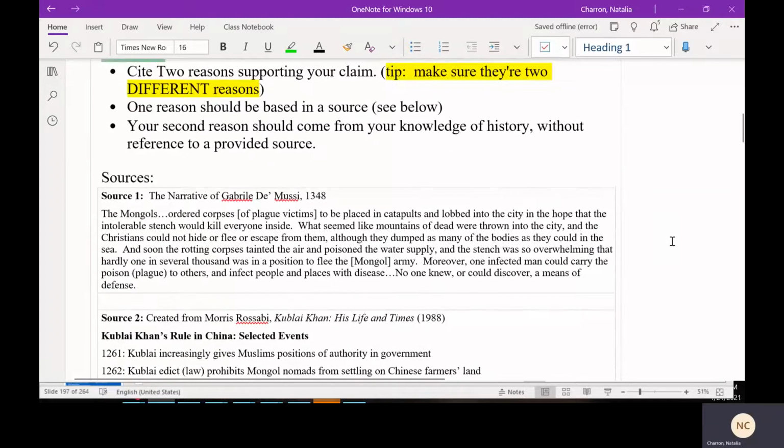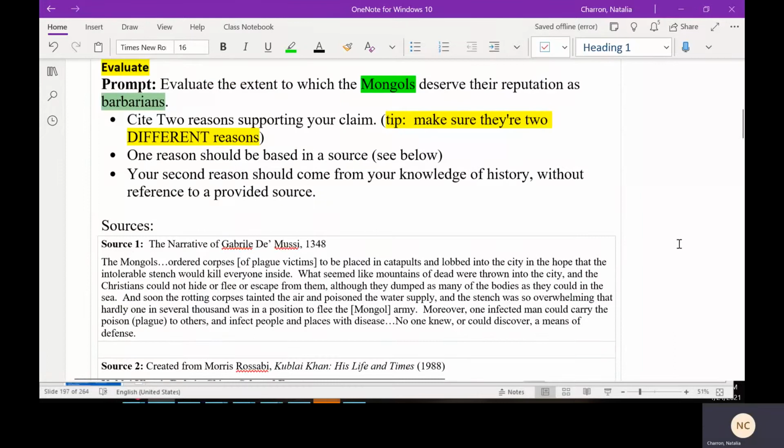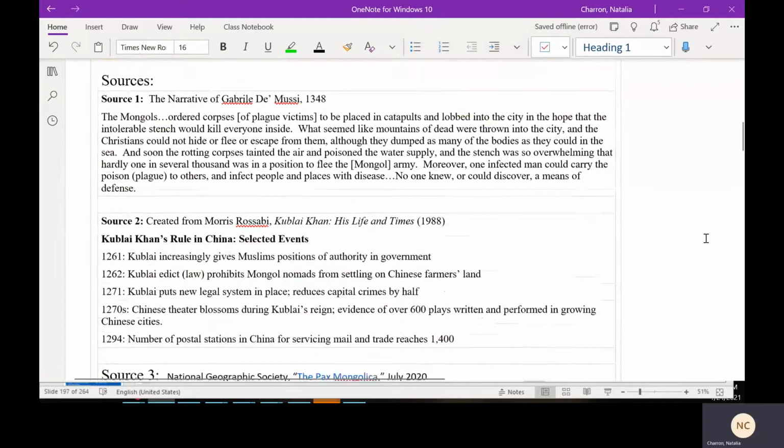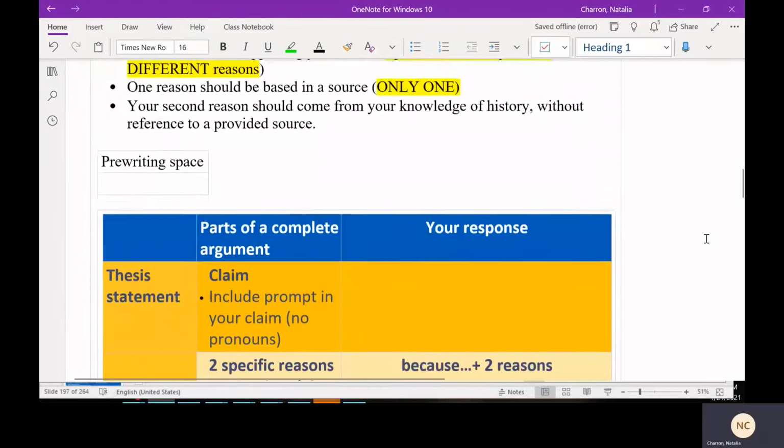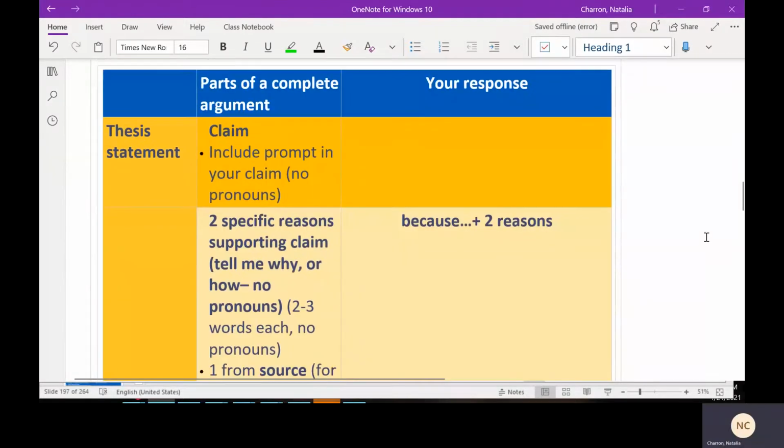All right, so step 1, whether you know things or not in free responses, is to write a clear thesis statement. Your thesis statement needs to include a claim, so like what it is that you're arguing, and briefly, in like 2 or 3 words, identify each reason that you're going to use to support your claim.